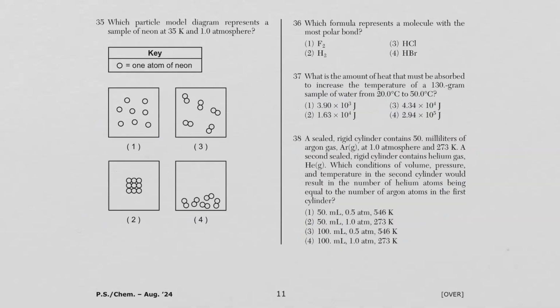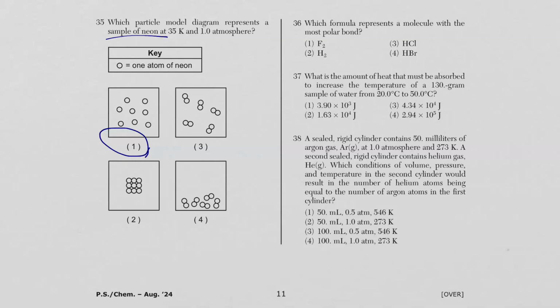All right, for 35, which particle model diagram represents a sample of neon at 35 K in 1 ATM? Neon is a noble gas. It's monatomic. In other words, it doesn't have to bond to itself to be stable. And of course, if it's a gas, the atoms are going to be spread far apart, which is choice 1.